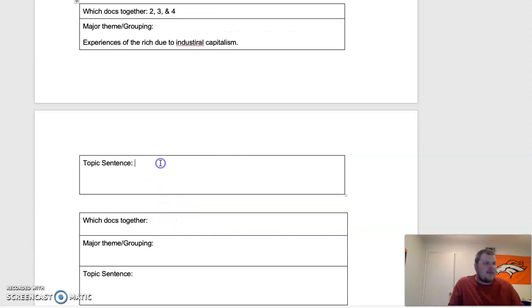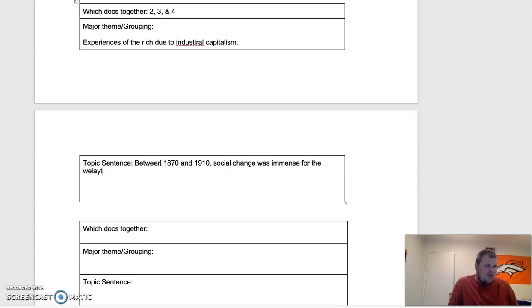And then for my topic sentence, and again, I can tweak it here, I'm going to say: between 1870 and 1910, social change was immense for the wealthy in the United States, leading to extreme wealth and a new class of rich.